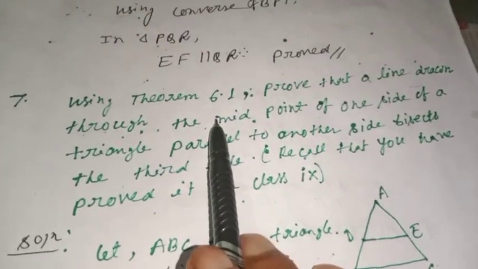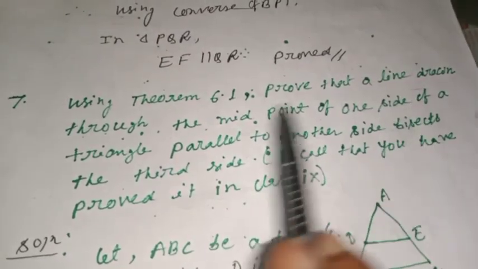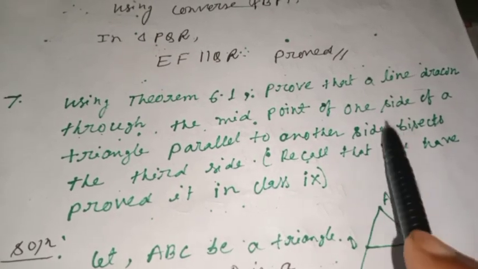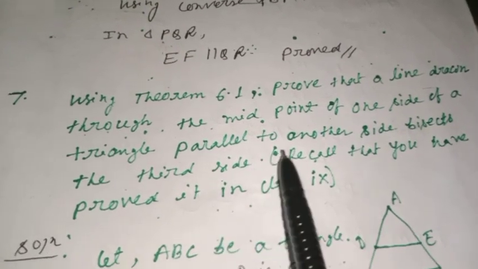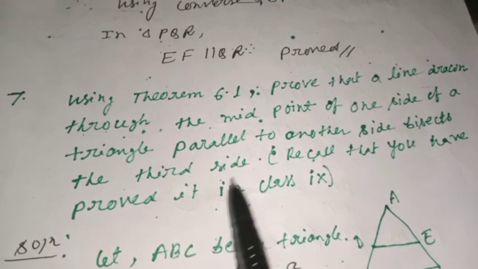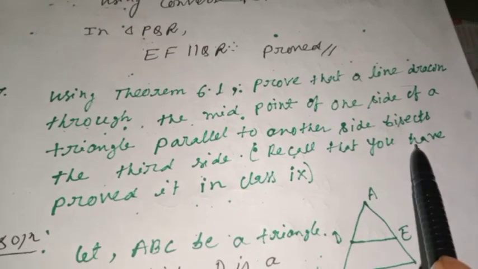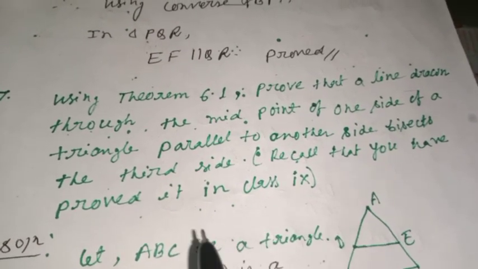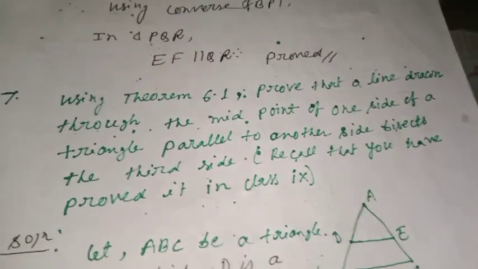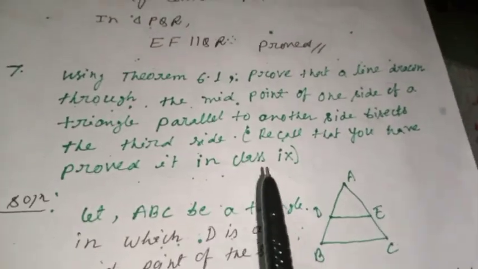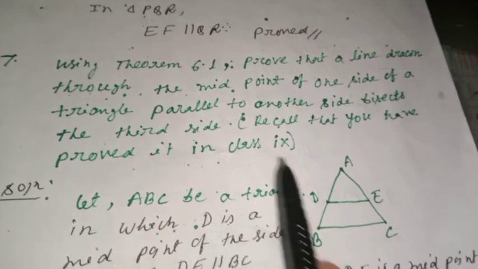Next, question number 7. Using theorem 6.1, prove that a line drawn through the midpoint of one side of a triangle parallel to another side bisects the third side. Recall that you have proved it in class 9. See, here maybe you do not understand this question clearly. See this figure.